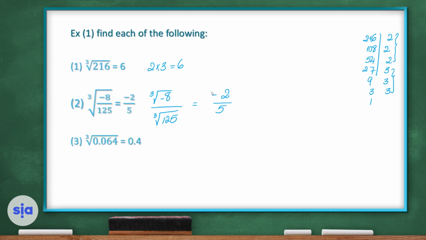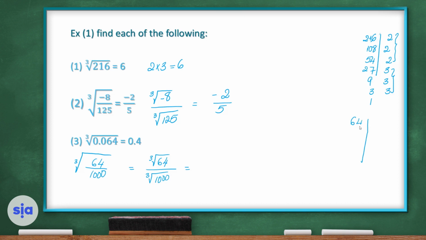This question, the cubic root of 0.064, yes, it's 0.4. Let's see together now how we found this. This one, if you write it as a fraction, it will be the cubic root of 64 divided by 1000. So it is the cubic root of 64 divided by the cubic root of 1000. Then, if you prime factorize the 64, let's do it together now.